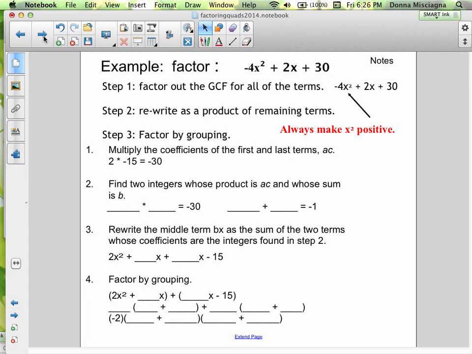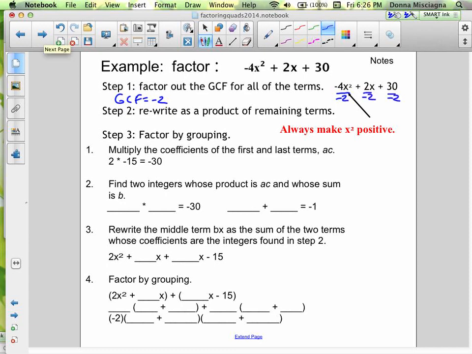All of those are divisible by negative 2. So our greatest common factor is going to be negative 2. Right? So we're going to divide everything by negative 2. So we have negative 2 times negative 4x squared divided by negative 2 is going to be a positive 2x squared. 2x divided by negative 2 is going to be a negative x.